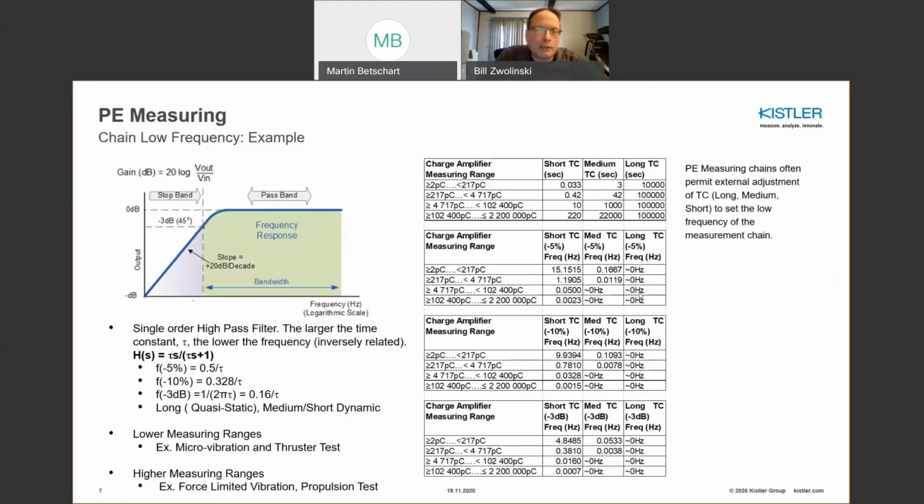Or you could get a 0 hertz or quasi-static type solution, where you can measure nearly DC or DC events, obviously with the impact of amplifier drift, which is something we'll cover in the next slide. So time constant really defines the low frequency capability of your system.